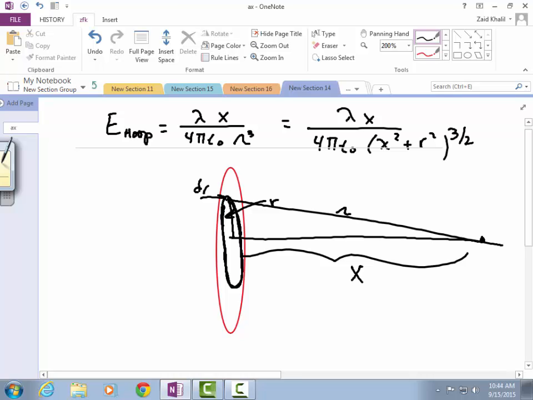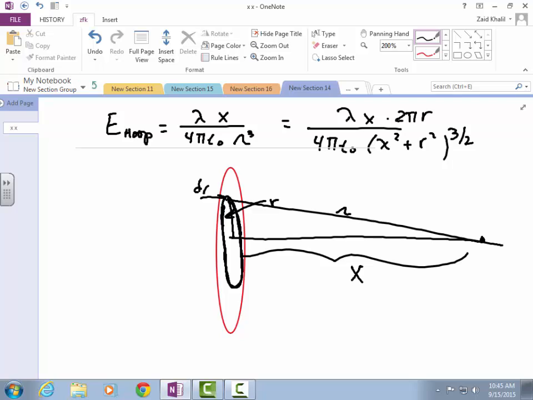Where's the 2 pi r though? 2 pi r? Yeah. So it's lambda x times that quantity? Yeah. All right.